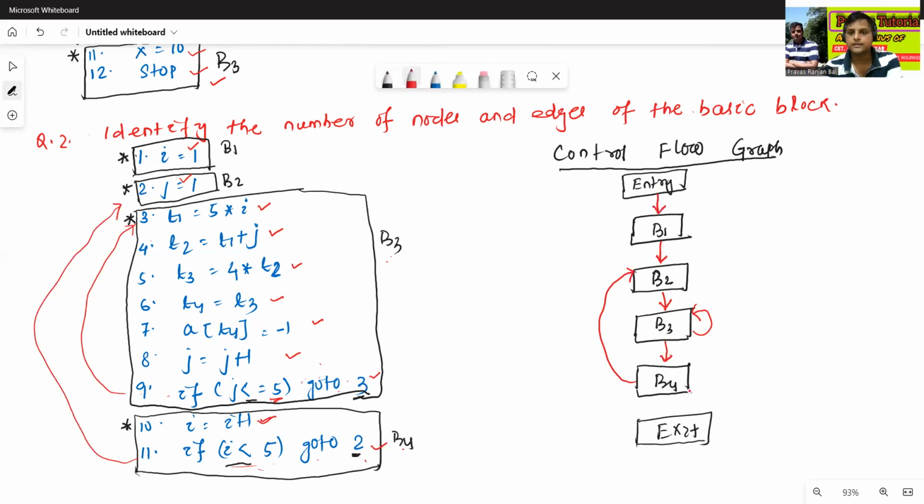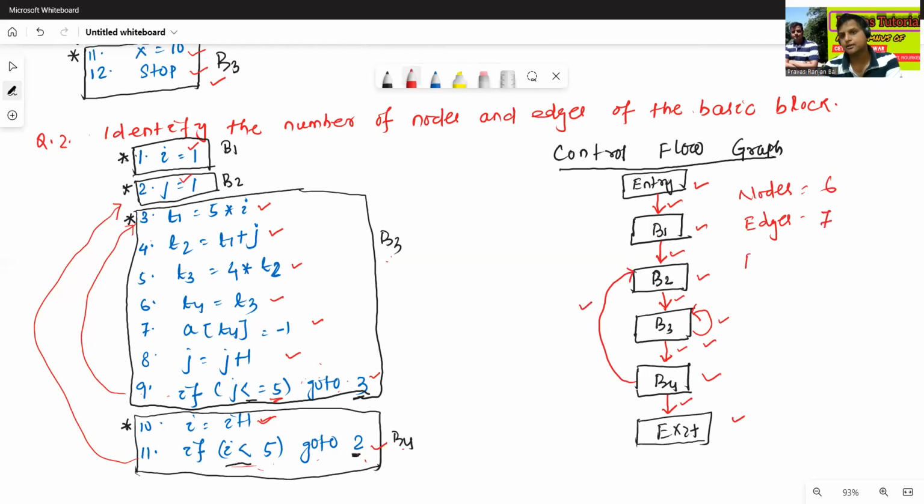So this is one line, this is one line. How many nodes in total? The total number of nodes equals 6. Then the number of edges equals 7.